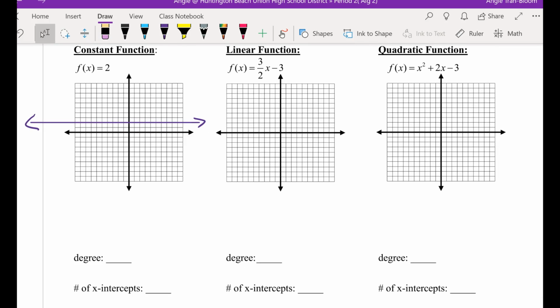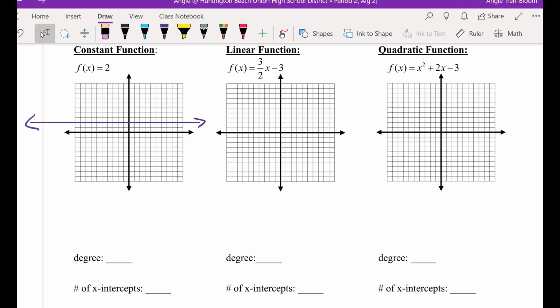Part number 1, degree. What is the degree of a constant function? What's the degree? Remember, what's the degree again? What's another word I can substitute for degree? Power. What's another word I can substitute for power or degree? Exponent. Okay? So the degree is the highest exponent. Well, what's the highest exponent here? I hear 2, not 2.